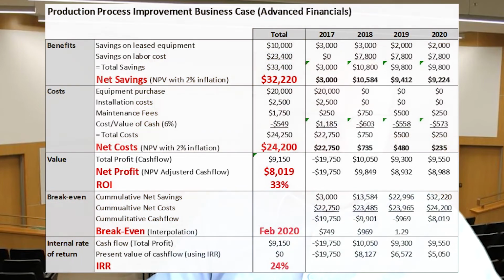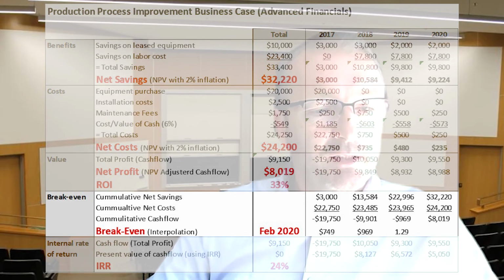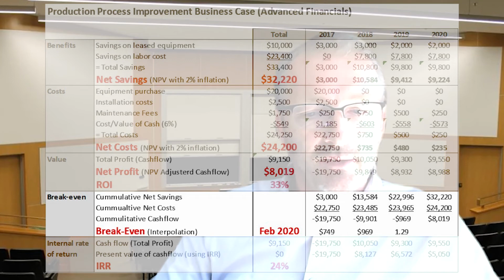Now, often enough, the decision makers will like to know break even and internal rate of return. Break even is basically when we have recovered the cost for the investments that we are doing. In order to do a break-even calculation, we look at the cumulative net savings. In this case, you can see here that the net savings is equal to the net savings up here.